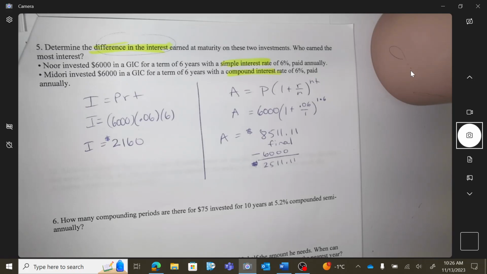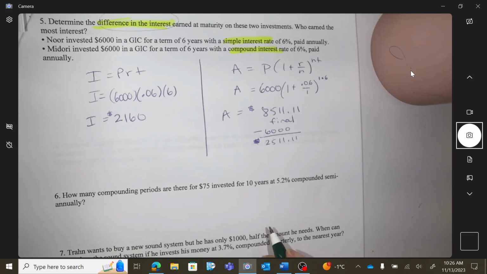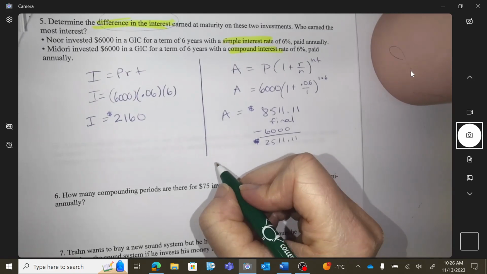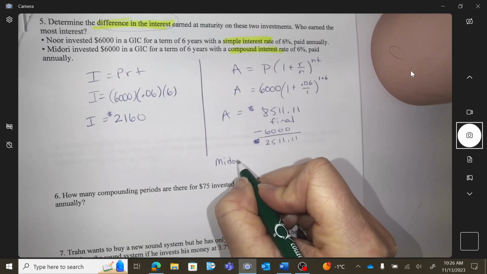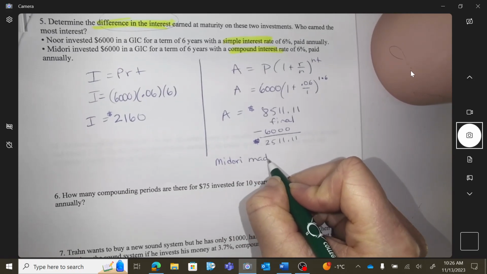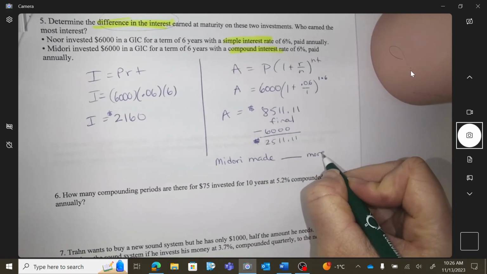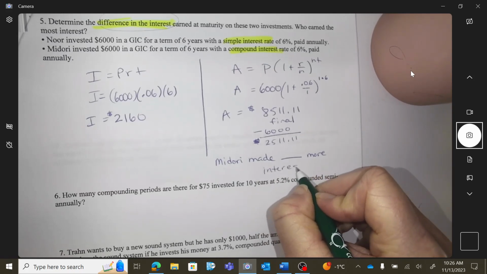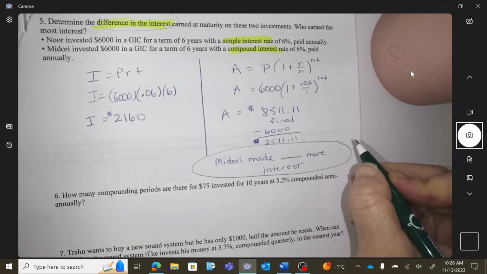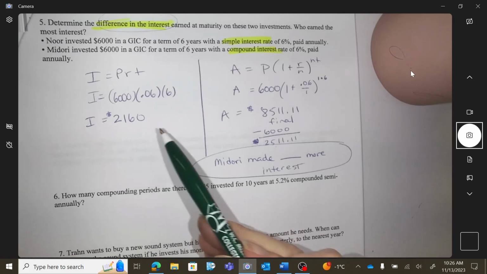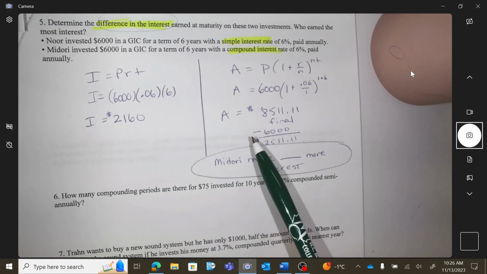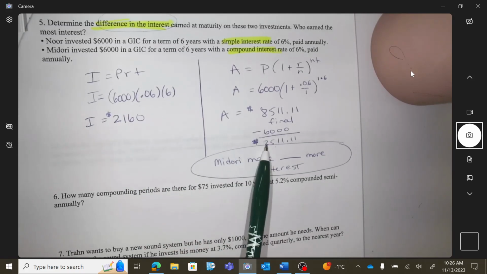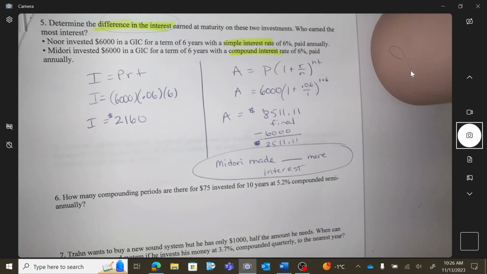Please take off the start. So we would say final, Midori made how much more interest? I would subtract those two numbers.